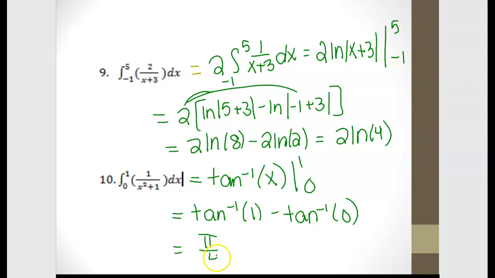And when is the tangent 0? That means you need sine to be 0, but cosine to be a number. So sine is 0 at 0, so you have pi over 4 minus 0, or pi over 4. I guess these are only if I missed deleting some of them.